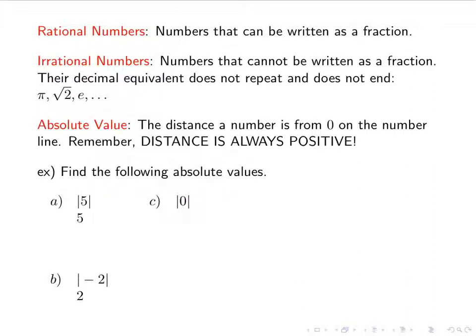Absolute value of 0 is, as we said before, 0. I can have the absolute value of a decimal number, so the absolute value of negative 2.6 is positive 2.6. The absolute value of 5.3 is 5.3. And the absolute value of negative 0.003 is positive 0.003.